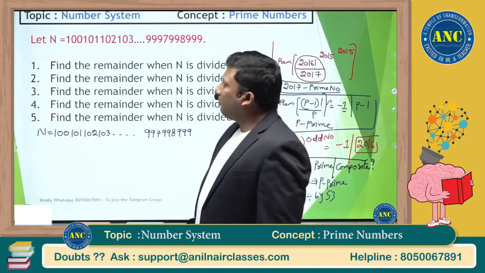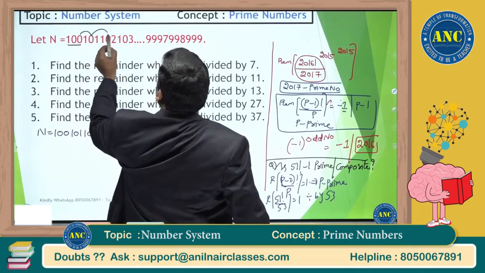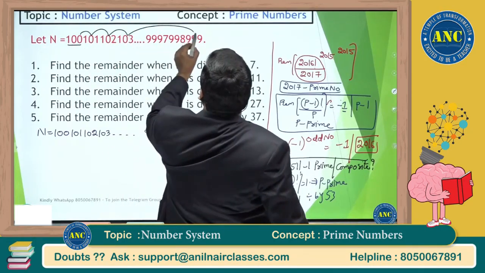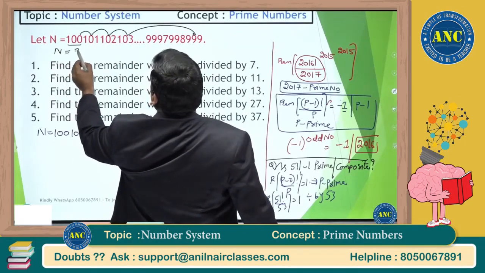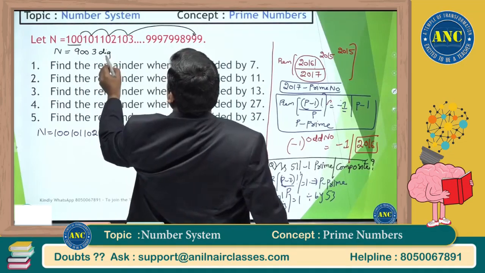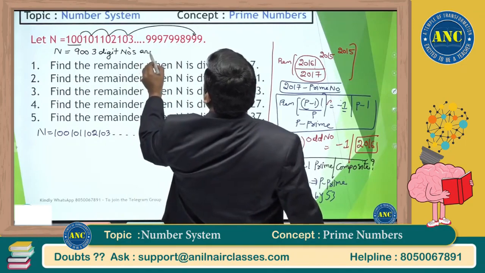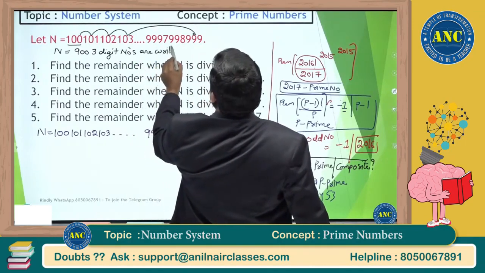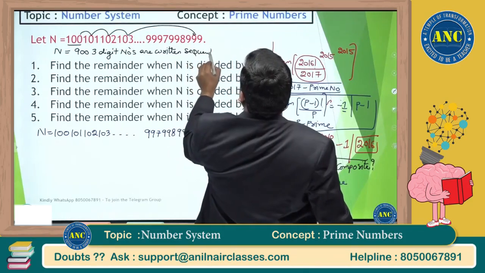How many 3-digit numbers are written? 3-digit numbers starting with 100, 101, 102, 103, and so on up to 999. So these are nothing but 900 3-digit numbers written sequentially.